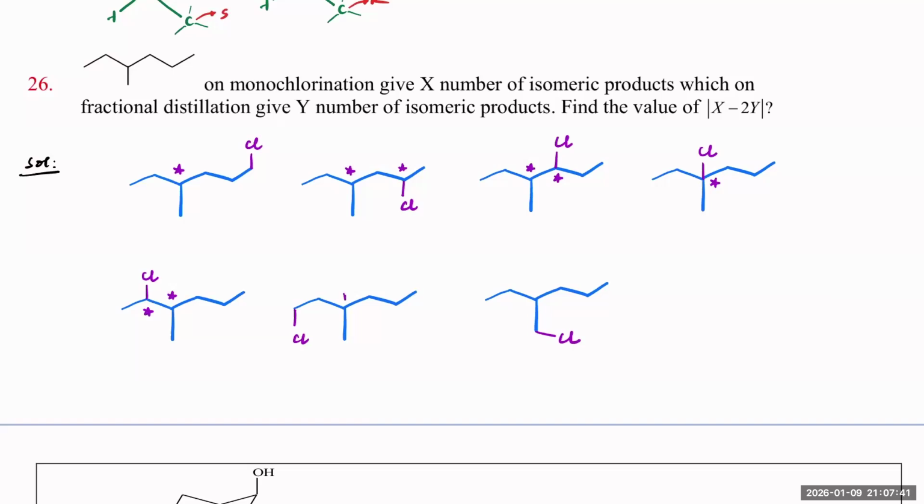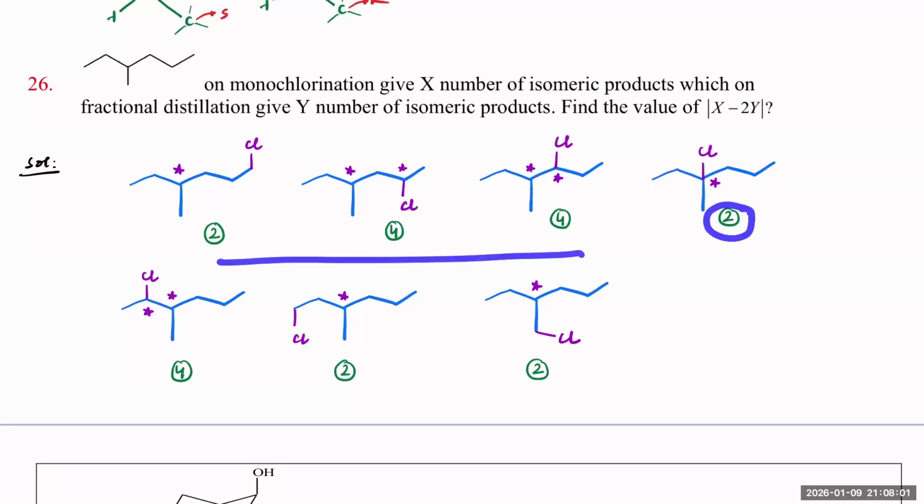Here one chiral center. Here one chiral center. So if you count the total numbers here: 2, 4, 4, 2, 4, 2, and 2. 10 plus 2, 12, plus 4, 16, plus 2, 18, plus 2, 20. So the number of stereoisomers we have is 20.